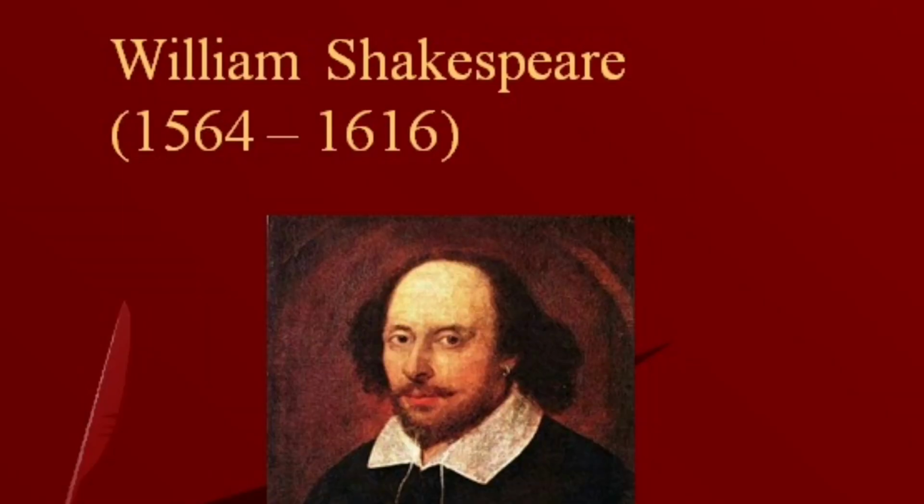So as everybody knows, William Shakespeare was born in the year 1564 and his lifespan extended up to 1616. So of course he was born in England in Stratford upon Avon. Right.